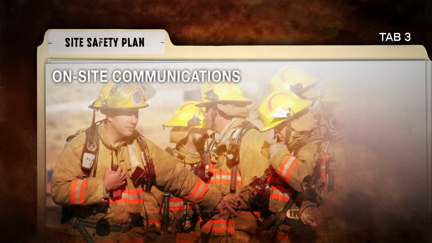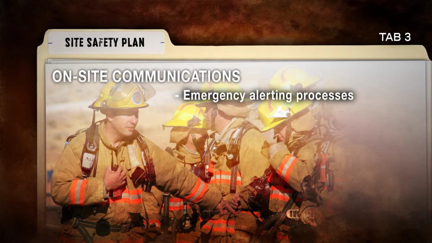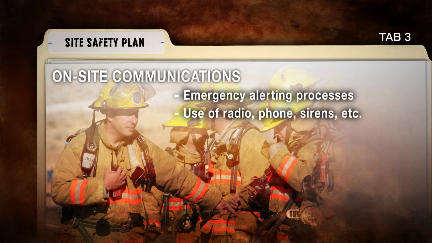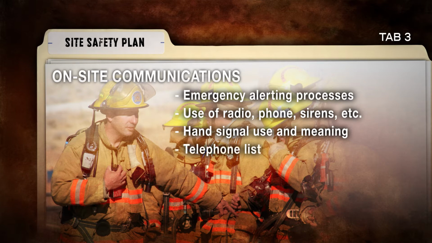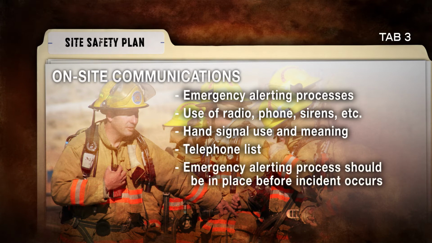Details of on-site communication will be included in the plan: emergency alerting processes, use and description of radio communication, phone, sirens, etc., instructions on the use and meaning of hand signals, and a telephone list of the nearby community. The emergency alerting process should be in place long before an incident occurs and updated frequently.